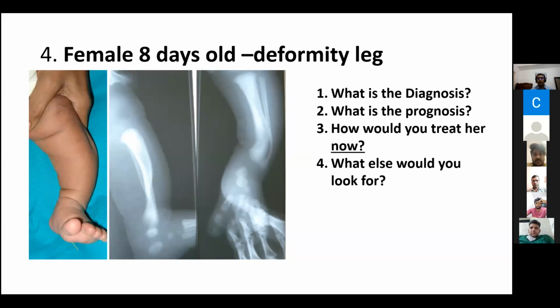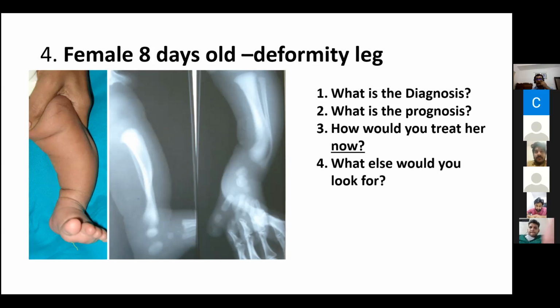Okay. Now, what else would you look for? Neurocutaneous markers. Yes, we have to look for neurocutaneous markers. What else? Scoliosis. Yes, scoliosis. Some of these scolioses progress so fast, so always watch out for scoliosis.